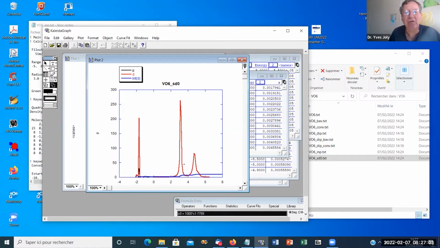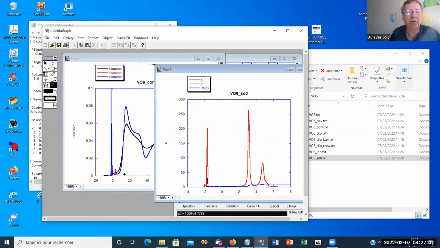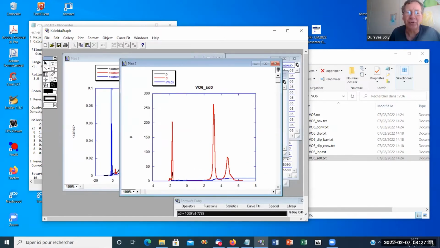In fact, here are the two states we have probed before, responsible for the bumps we had here. And here you also have some, because here are the anti-bonding states, and this one are the bonding states, but we don't see them in XANES.